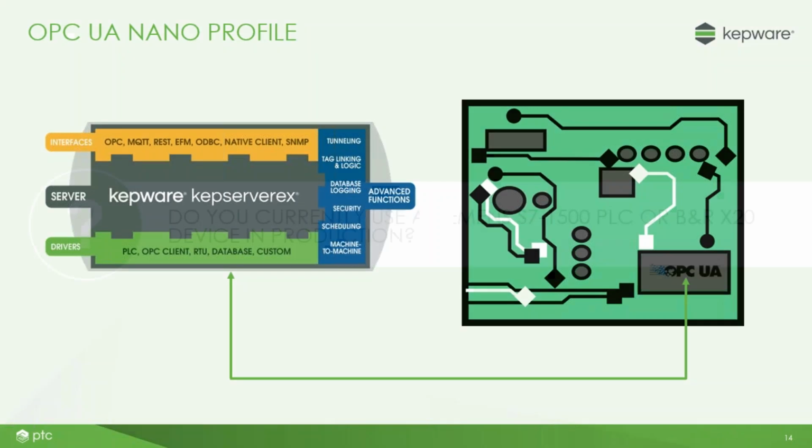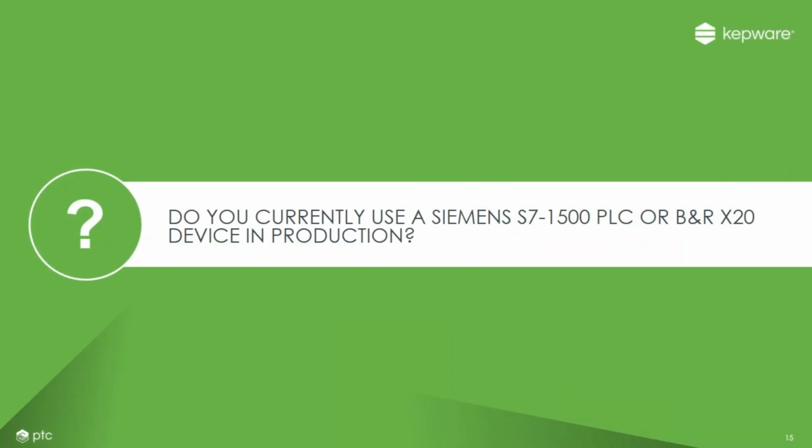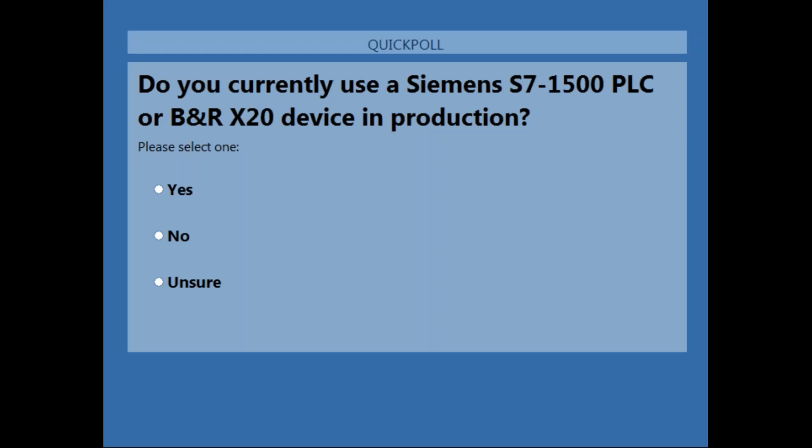So really exciting there. All right, so I just want to get a heartbeat here. Who on the call is actually using a Siemens S7 1500 PLC or BNR X20 PLC? Are you actually using these in production? So would you potentially find these updates useful? If you are not, but you are using something with OPC UA embedded, just let us know through chat.